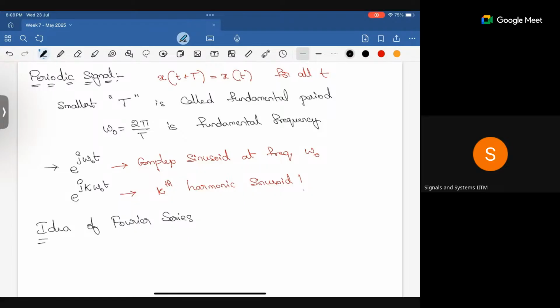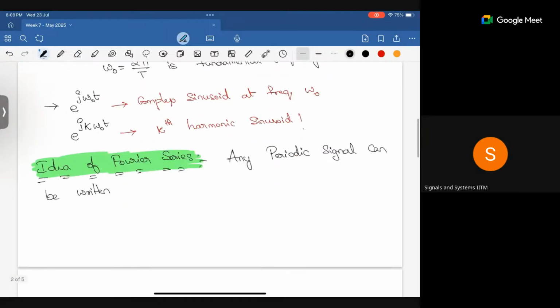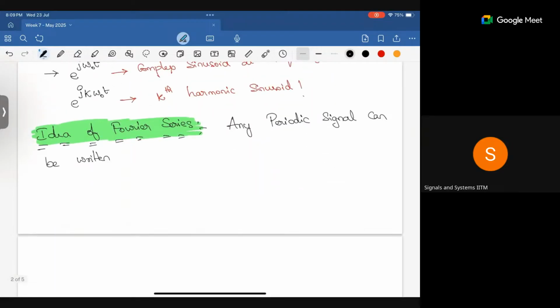So that's the core idea, right? The main idea of Fourier series is that any periodic signal can be written as a linear superposition.